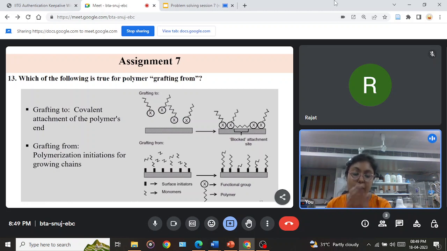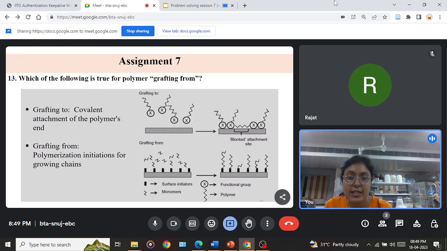Think of it as once the polymer end has been grafted onto the surface, the surface then elongates its chain, right? Elongates its polymer.